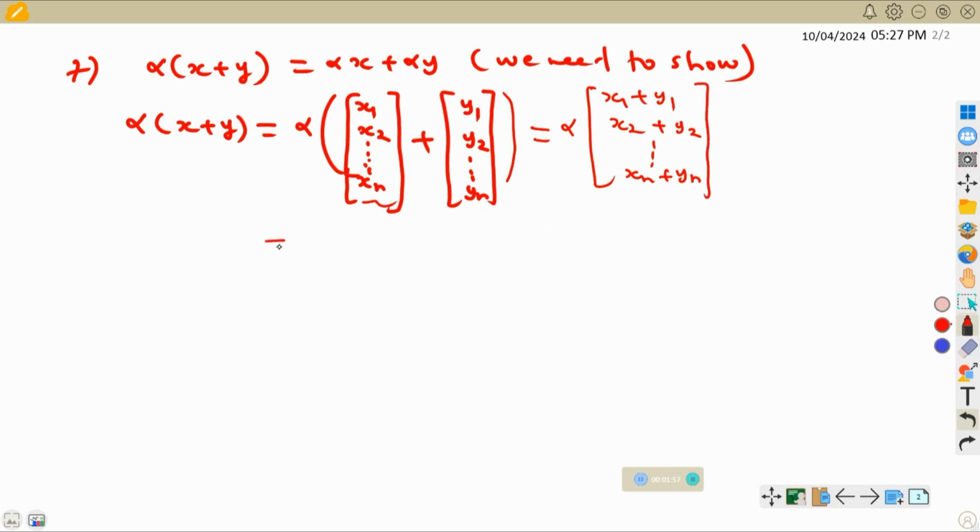So we can as well write this as alpha into x1 plus y1. When you add x1 plus y1 and you multiply by a scalar, then it will be the same as alpha into x1 plus y1, alpha into x2 plus y2, up to alpha into xn plus yn.